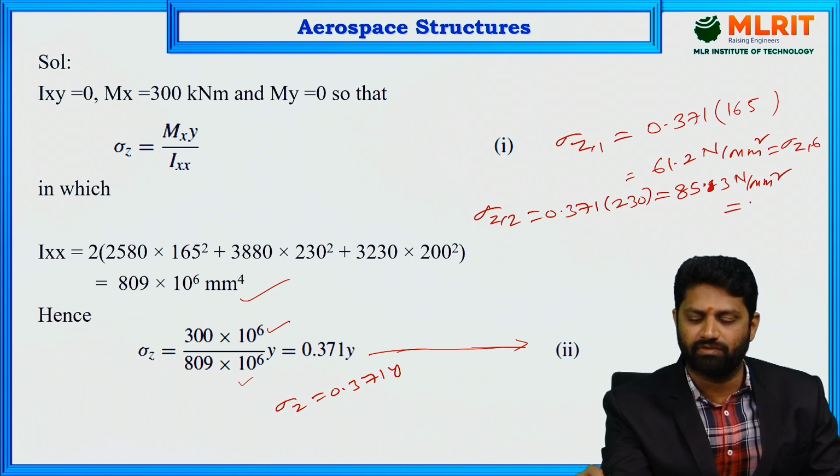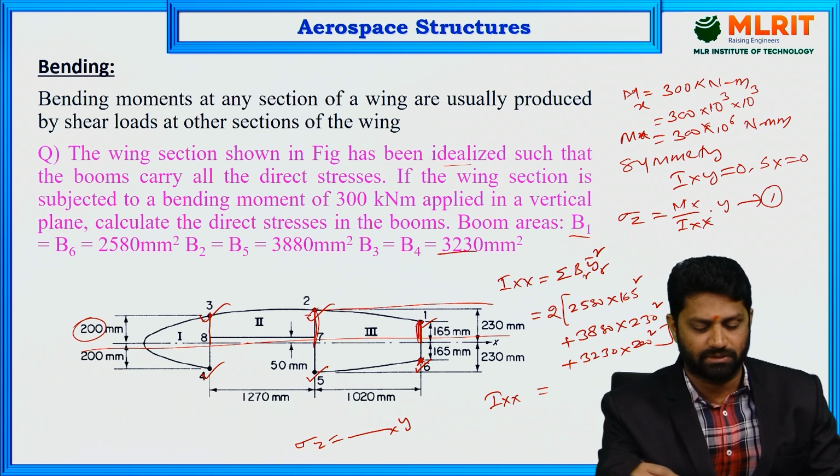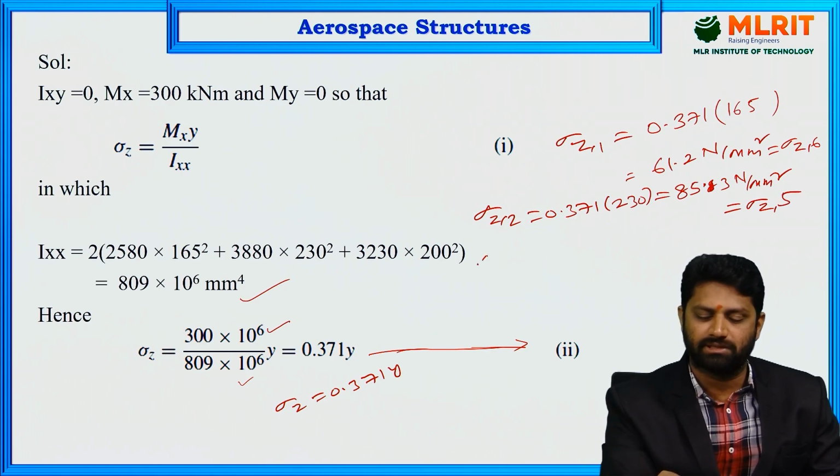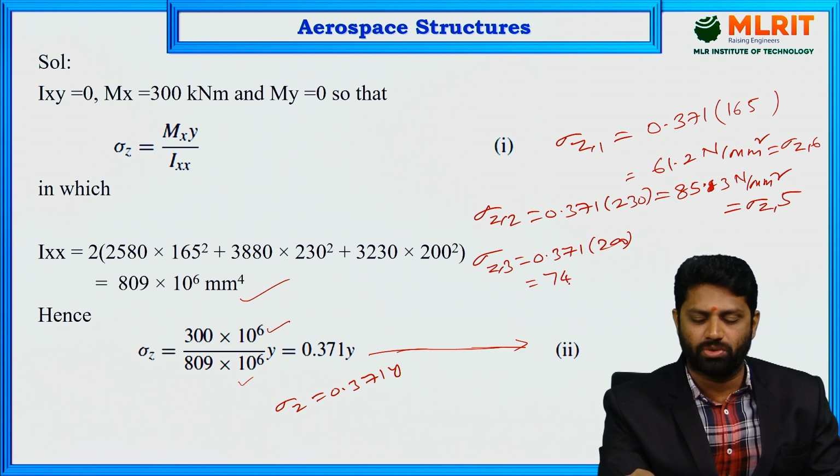Again, this is equivalent to sigma z5. Similarly, the stress in boom 3: sigma z3 equals 0.371 into the distance 200, and you're going to get 74.2 Newton per mm square, which is equivalent to sigma z4.